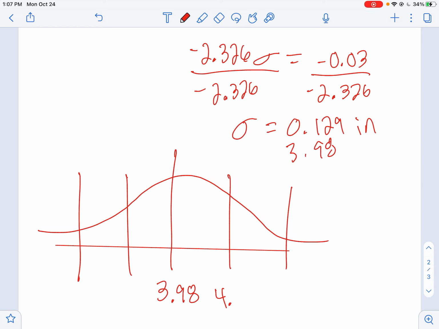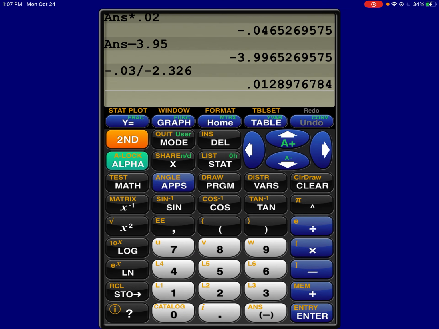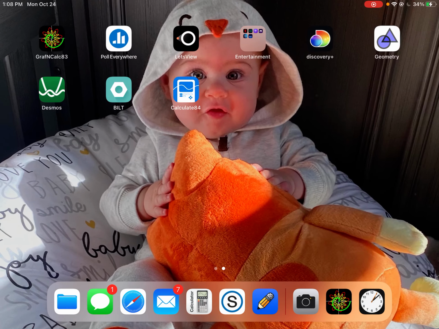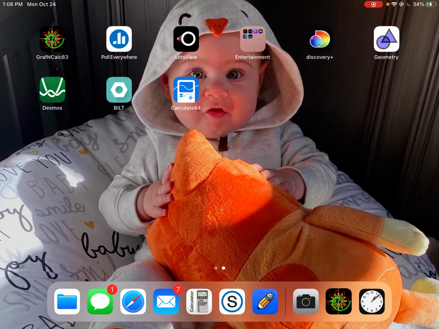All right, so 109, and then again 238. I think that's about right. And then 3.98 minus 0.129. I'm going to need a calculator for this. I probably should have just rounded to 0.13, but that's all right. So I got 3.851.